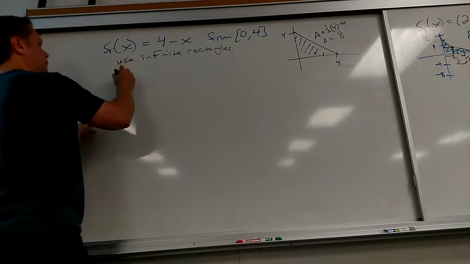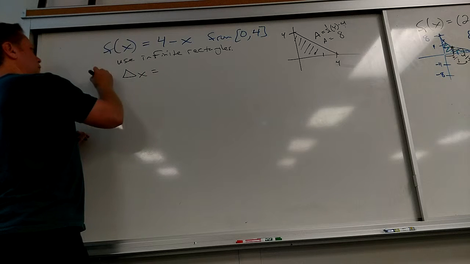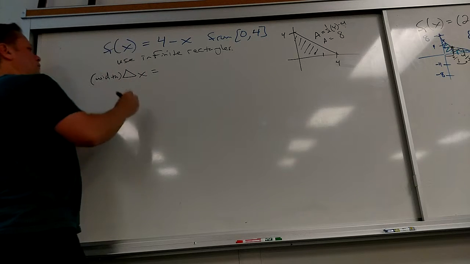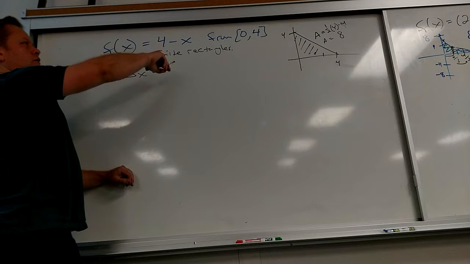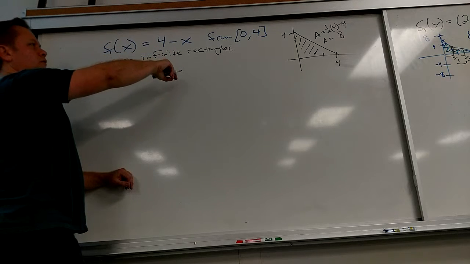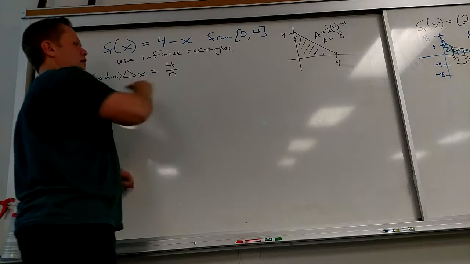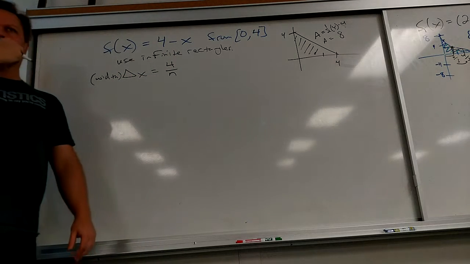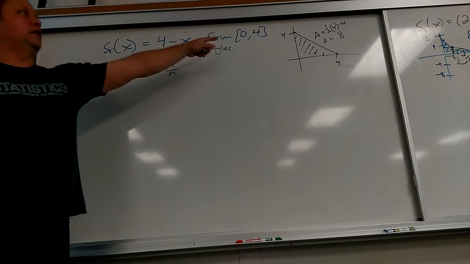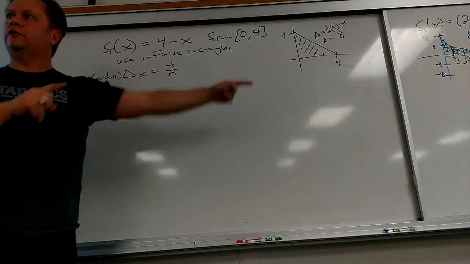So what would the width be here? What's the width? 4 over n. I like it. If I was using 4 rectangles, then it would be a width of 1, that would fit in perfectly.